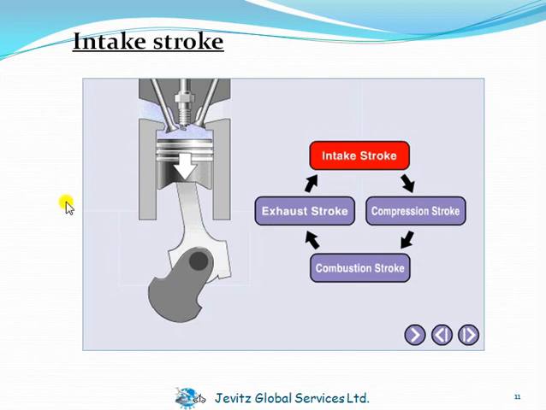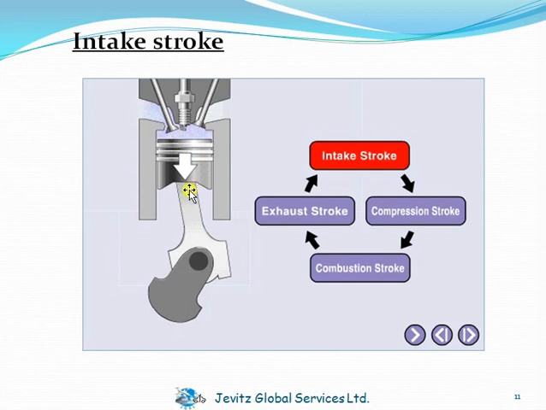At the intake stroke, that's what we can see on the screen here. The exhaust valve closes. Here is the exhaust valve. The exhaust valve closes and the intake valve opens because it's an intake.